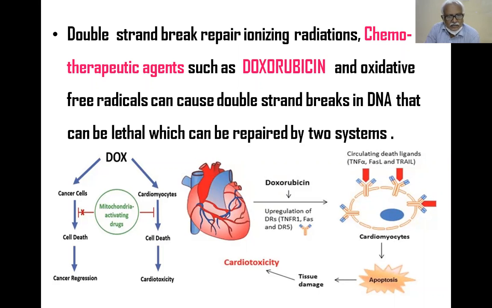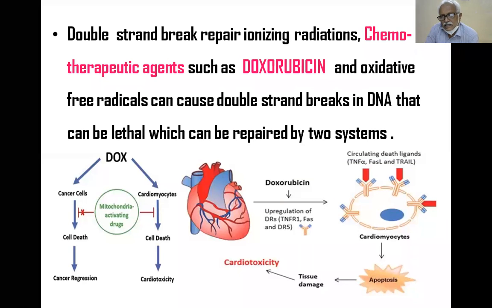So you can see the mitochondria activating drugs: in the cardiomyocytes, they cause cell death and cardiotoxicity, and in the cancer cells, they cause cell death and cancer regression. So doxorubicin causes upregulation of DR4, TNFR1, FAS and DR5, and the circulating death ligands TNF alpha, FASL and TRAIL.